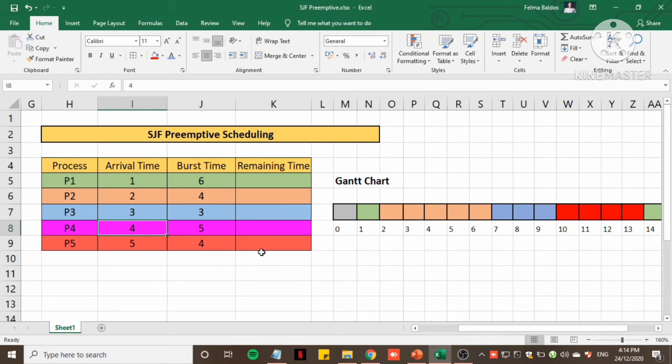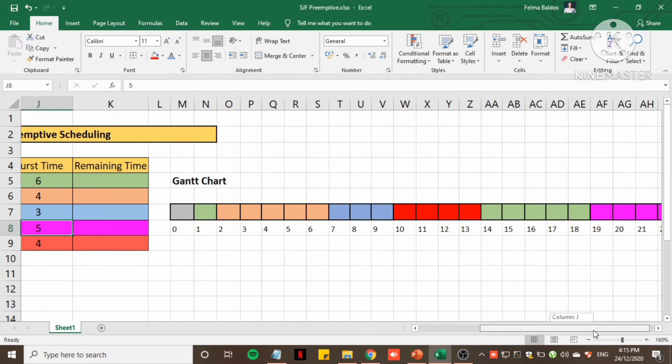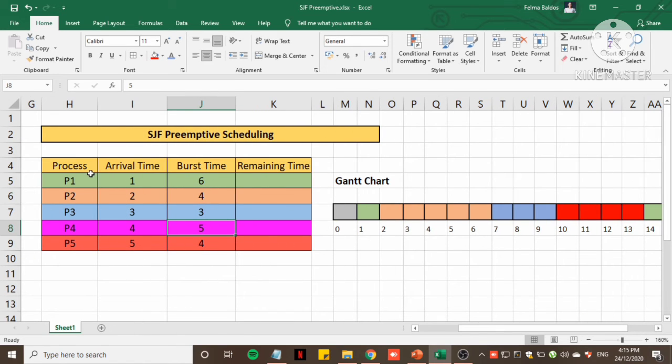And then by time 5, P5 arrived and it has a smaller burst time than P1 and P4. So it is the first to execute. And then once it finished executing, P1 and P4 have to compare all of their remaining burst times.